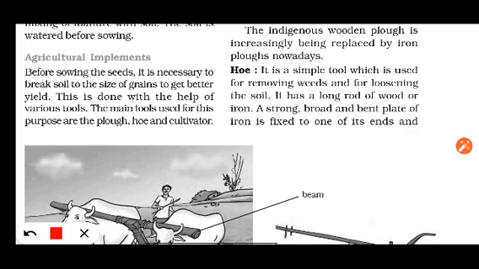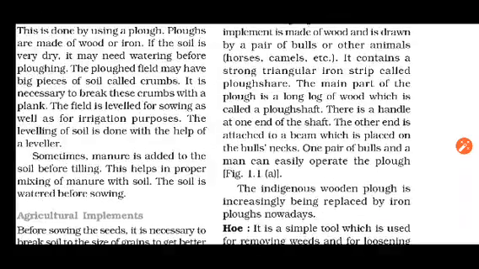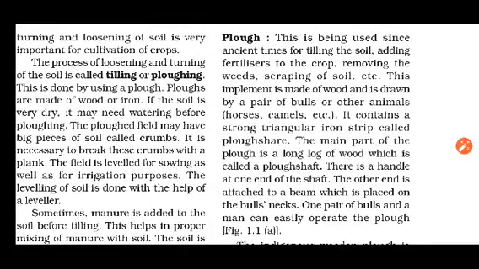And this tilling is done to get better yield. इस tilling से क्या होता है? फार्मर को ज्यादा उपज मिलती है. And this tilling is done with the help of some tools, and the main tools used for this purpose are plow, hoe and cultivator. So one by one we are going to study all these three tools. First of all, the plow.